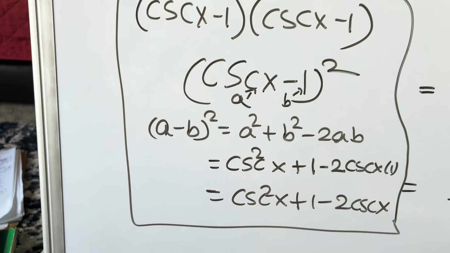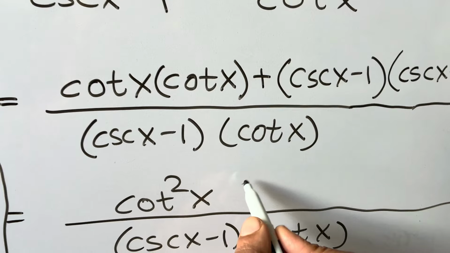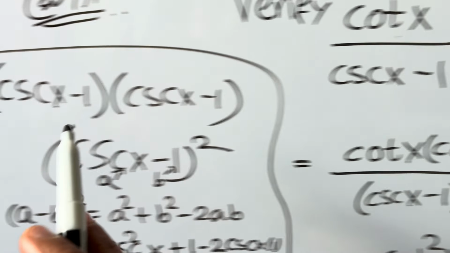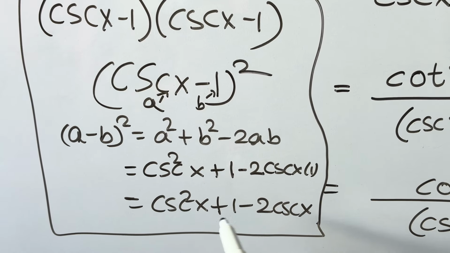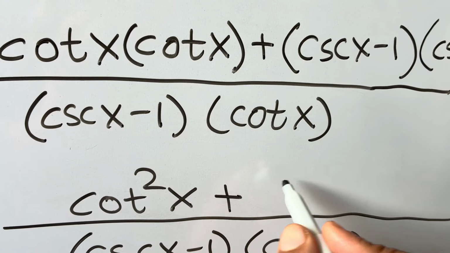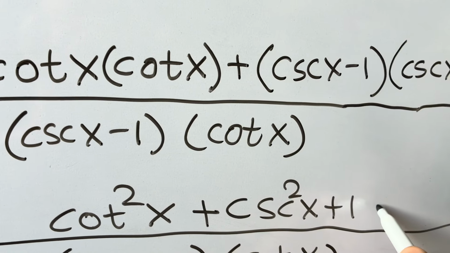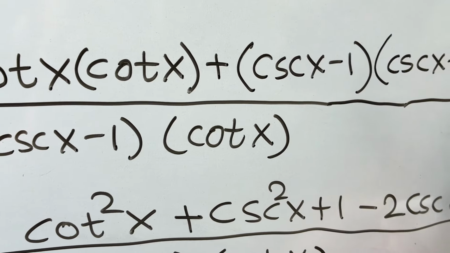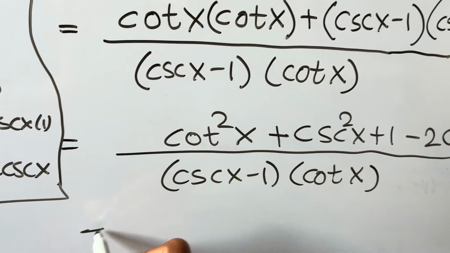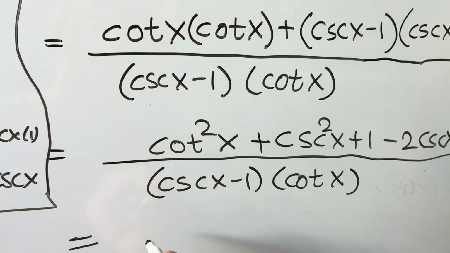Now I'm going to take this value and substitute it into this equation here. So I have my positive sign, and for cosecant x minus 1 times cosecant x minus 1, I got cosecant square x plus 1 minus 2 times cosecant x. I'm going to write down that value over here. And when we simplify this, we are going to apply a trigonometric identity.